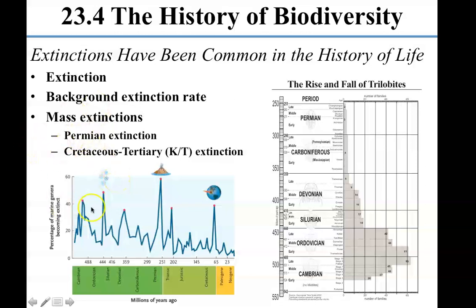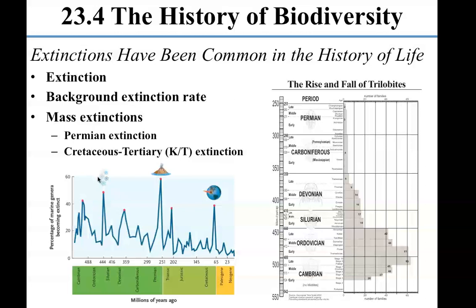This one occurred at the end of the Ordovician period, about 444 million years ago. And it was due to a drop in global temperatures, or at least a drop in temperatures on land, or a drop in temperatures on the main continent that was in the southern hemisphere at that time, which is called Gondwana.